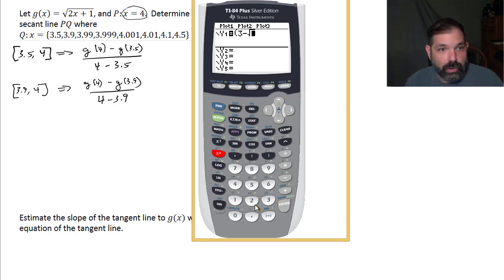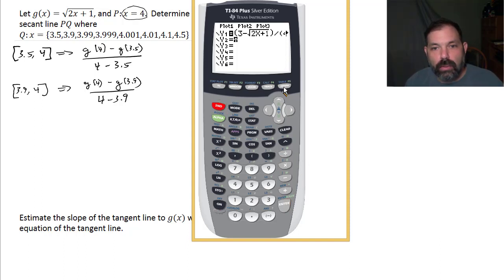So now let's input the function, the square root of 2x plus 1. Close it off. And then I've got to divide that by, in the denominator, 4 minus my input. Close that off. So here's the function I'm going to use. That's my slope function for this problem.